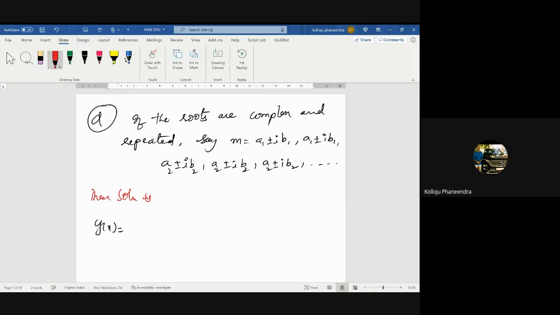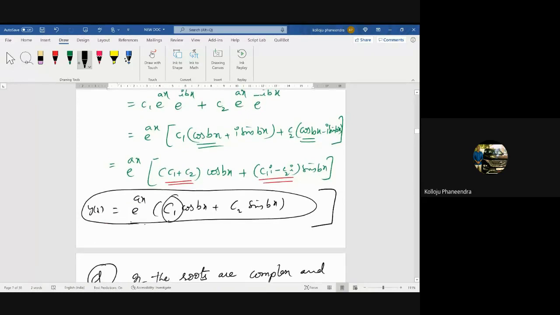If one root is repeated 2 times and this root is repeated 3 times. If the root is repeated 2 times, wherever the constant is there, this constant is replaced by a first degree polynomial. If it is repeated 3 times, this constant is replaced by a second degree polynomial, like that.